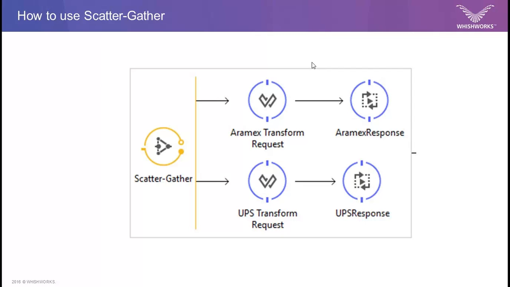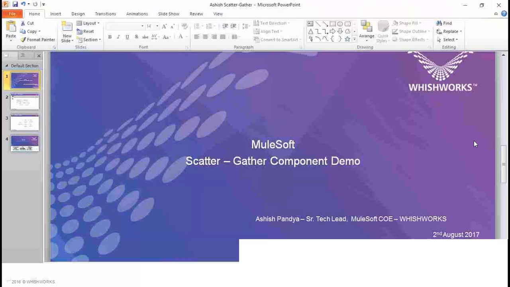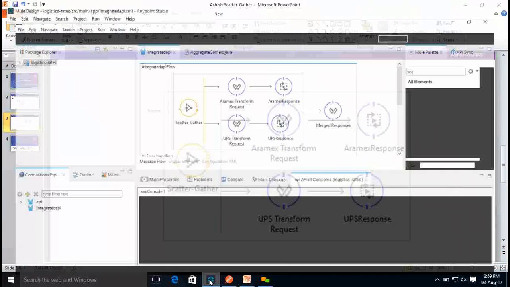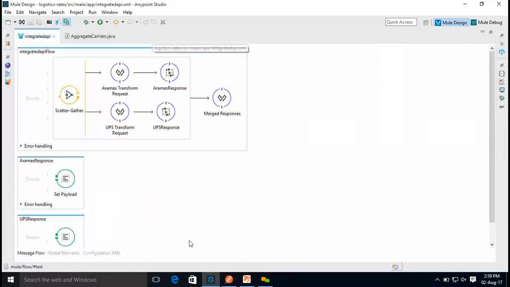So let's get into the actual implementation of the scatter gather component. I'm moving to Anypoint Studio. If you look at the screen, this is Anypoint Studio, and you can see a couple of components: the scatter gather component, the DataWeave transformer and the merge response.